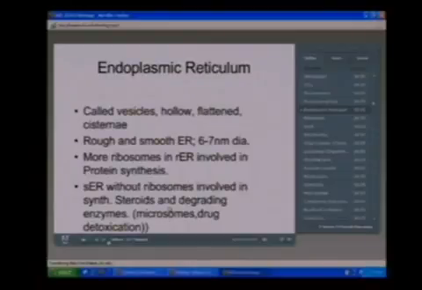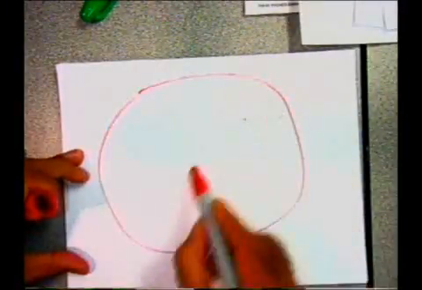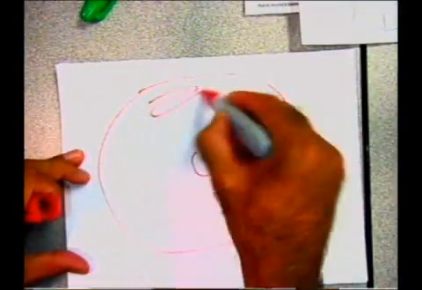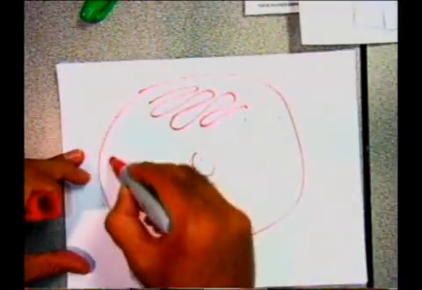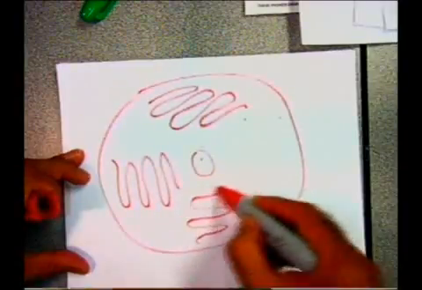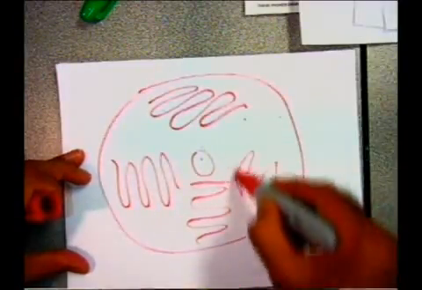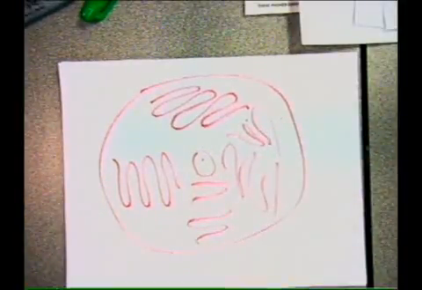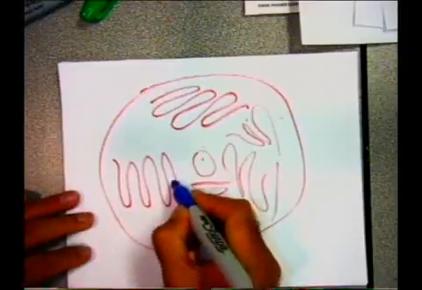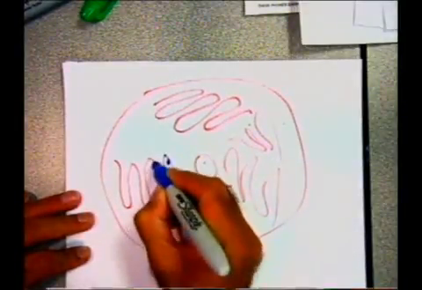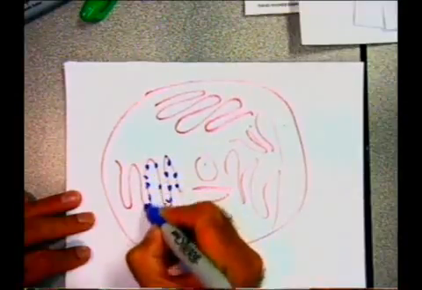So endoplasmic reticulum, where do you find it? Within the cell, so I'm drawing it like that. You have the nucleus, and it will go like this, and something like this going over there. Some of these endoplasmic reticulum are rough endoplasmic reticulum.